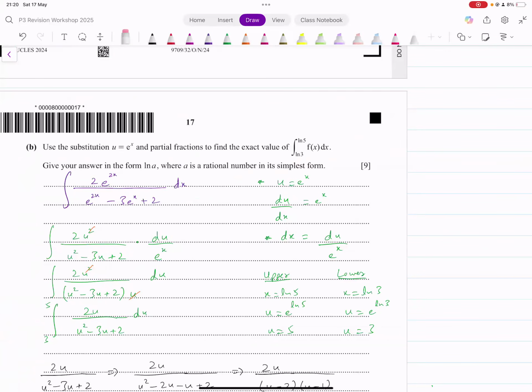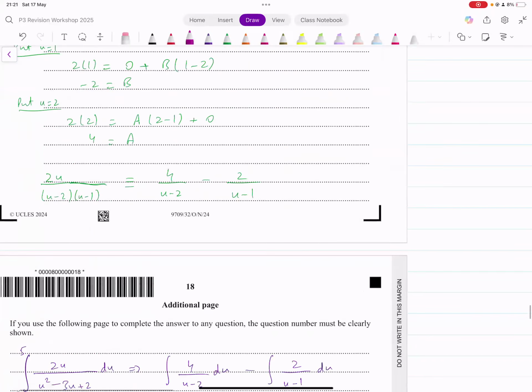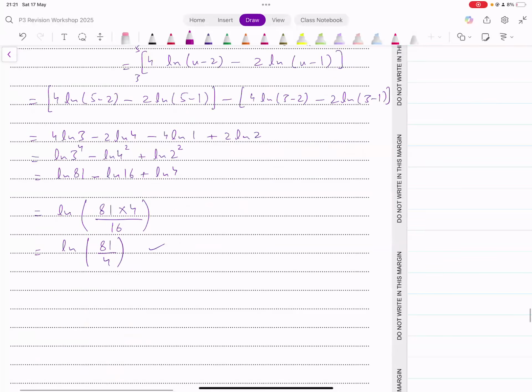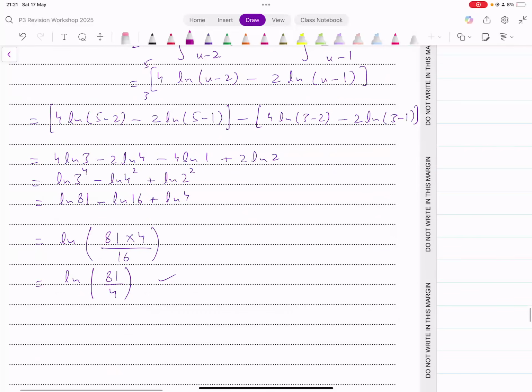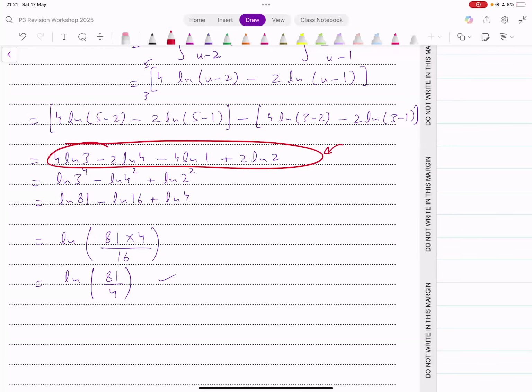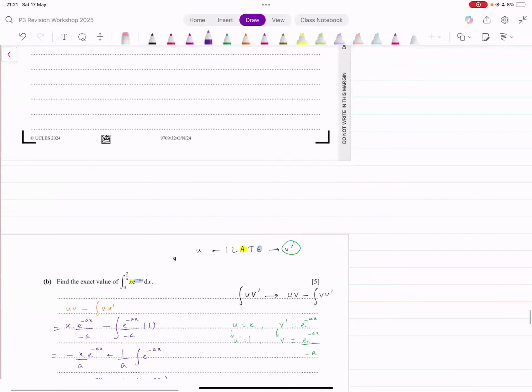That means a single log term, where a is rational, that means it could be a fraction, but it should be a single log term, not multiple log terms. So when you get the answer, it turns out to be something like this. You have to convert it to a single log term. What you do is the numbers that are multiplying outside, you take them to the powers and then apply the multiplication and division laws to write them as a single log term. You can have a look at this working as well.